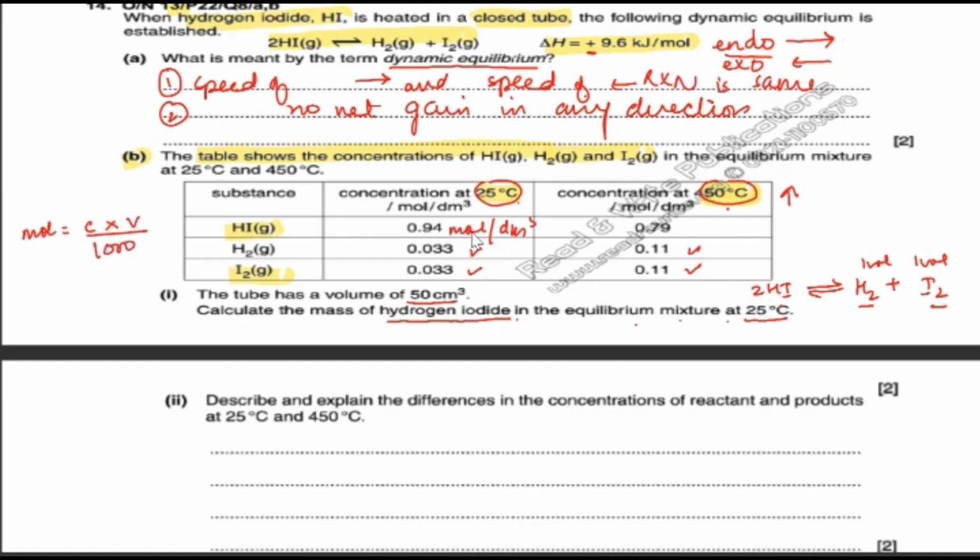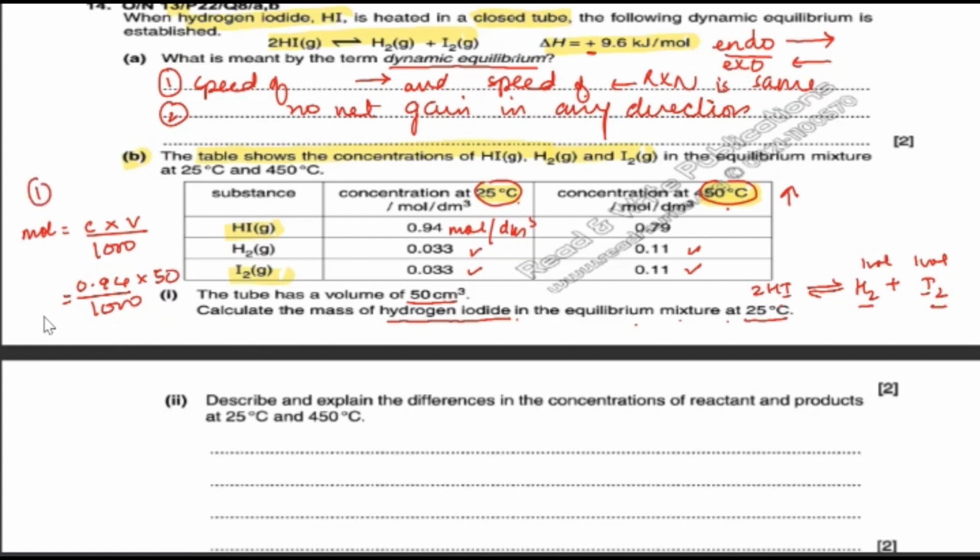So we have the concentration, 0.94, and the volume is how much? They have not specified, divided by 1000, into 50. Yes, sorry, the volume is 50. So when you multiply 0.94 divided by 1000 into 50, you will get the number of moles.